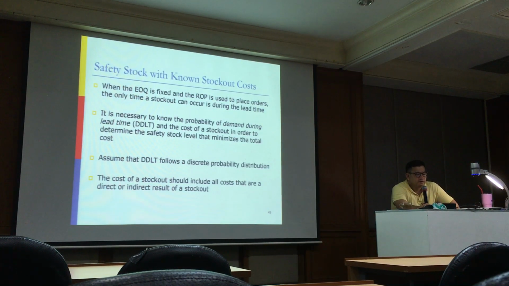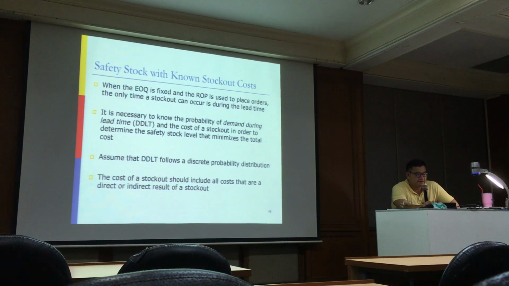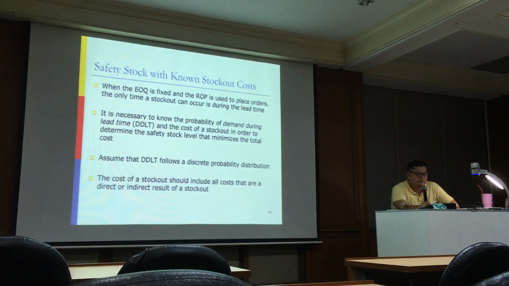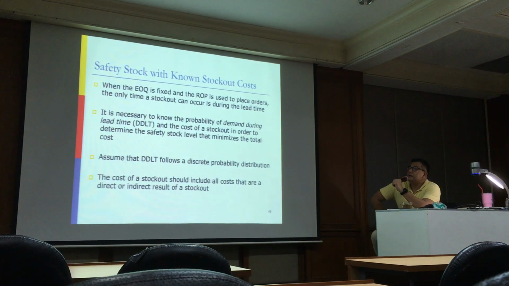Normally, we're going to compare the stock out cost and the carrying cost. You can see that the only time a stock out can occur is during the lead time.